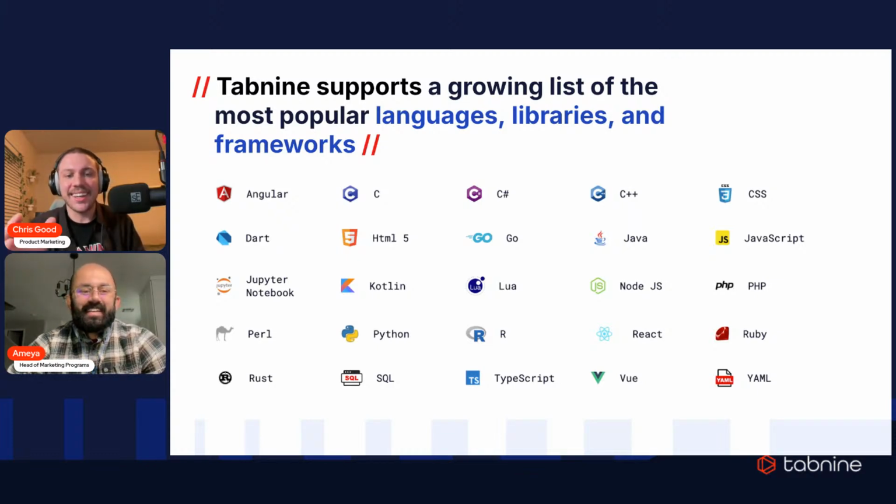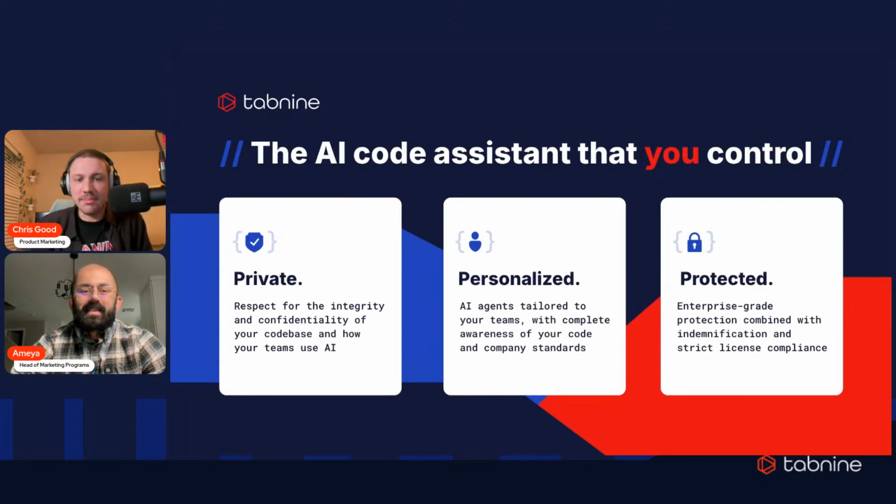So unlike other coding assistants, Tabnine is an AI code assistant that you control, and there are three big pillars I want to hit home on. One is that it's private, right? You choose where and how to deploy Tabnine to maximize control over your intellectual property.